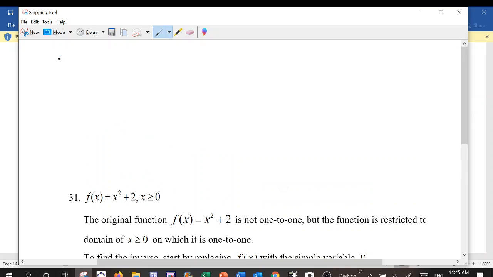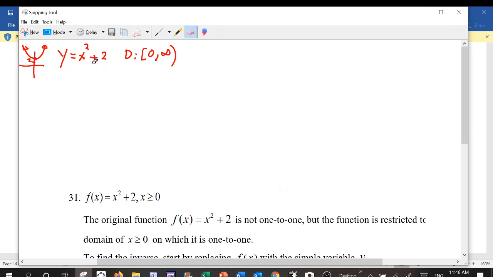So all we have to do is let it be y. Remember, the domain of this is 0 to infinity, and we know what this looks like. That's just x squared moved up 2 units.